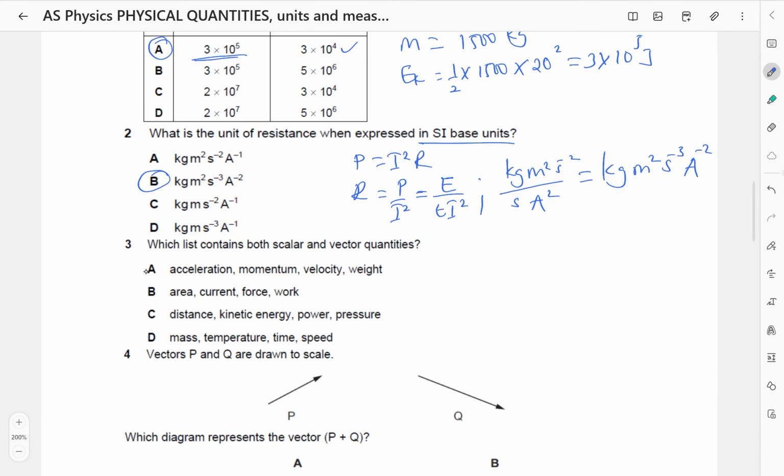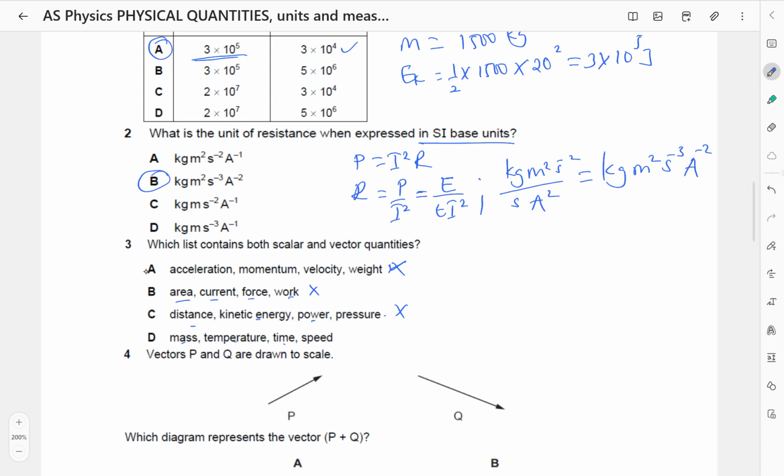Which list contains both scalar and vector quantities? All these ones are vectors, so that one will be wrong. Area, current, force, work, those are scalars. Distance, kinetic energy, power, pressure, those are scalars. Mass is a scalar, temperature is a scalar, time is a scalar, speed is a scalar.